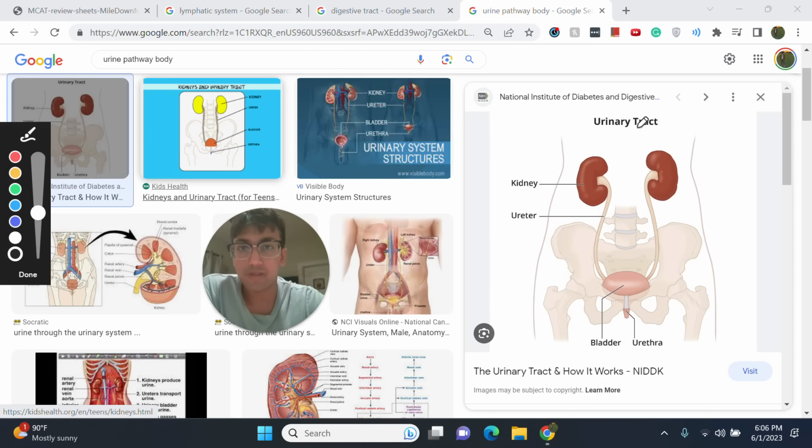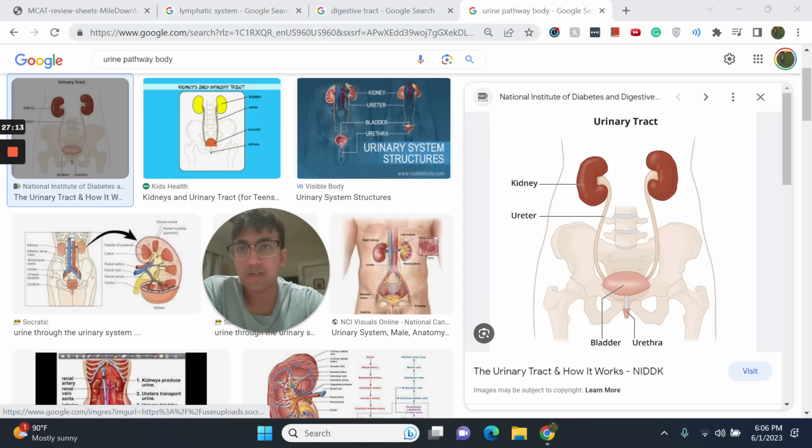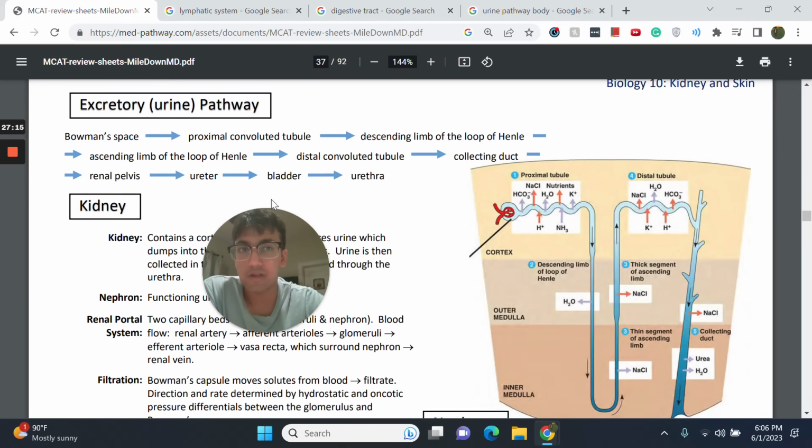The kidney is really responsible for maintaining your whole body's homeostasis and fluid and making sure the amount of sodium and potassium and bicarbonate and everything in your body is right. So it's understanding what your body needs and what it needs to excrete, and then makes the urine as a byproduct in order to maintain homeostasis. And so that's a good way of thinking about what the kidney does.